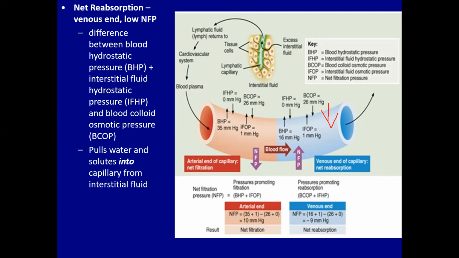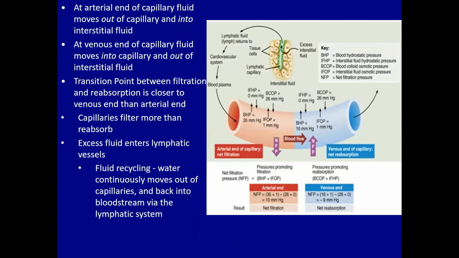Also remember what's going on here is that we are diffusing out oxygen, so we're going from oxygenated blood slowly to deoxygenated. So at the arterial end, you have capillary fluid that's moving out of the capillary and into the interstitial fluid. At the venous end, you have capillary fluid that moves into the capillary and out of the interstitial fluid.